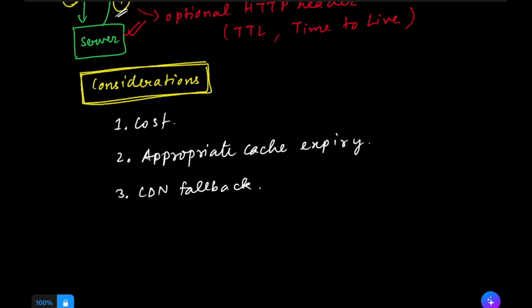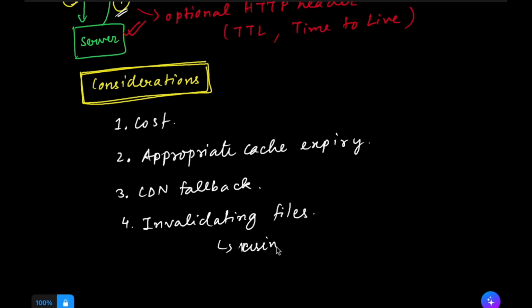Another important thing is invalidating files. Suppose we are changing certain static content, we can mark it as invalidated using APIs provided by the CDN vendors, and we can also attach a version number as a parameter to the URL, in order to detect which is the latest version to be fetched from the CDN.